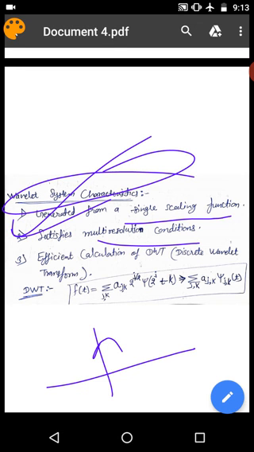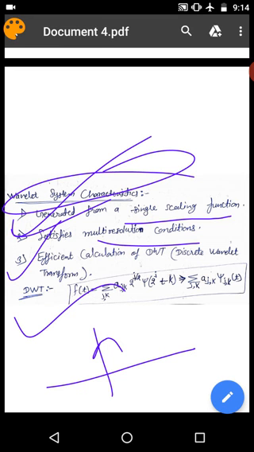And third, efficient calculation of the DWT can be achieved. DWT is the discrete wavelet transform. This is the equation of the DWT. Lower resolution coefficients can be calculated from the higher resolution coefficients by a tree structure algorithm that is known as a filter bank.